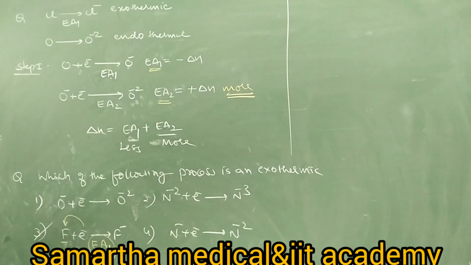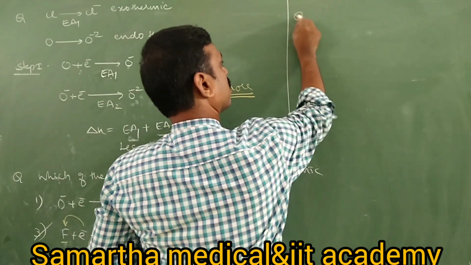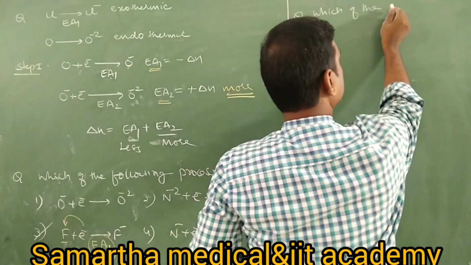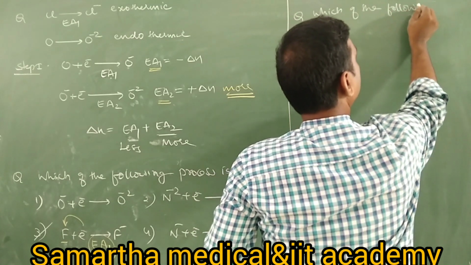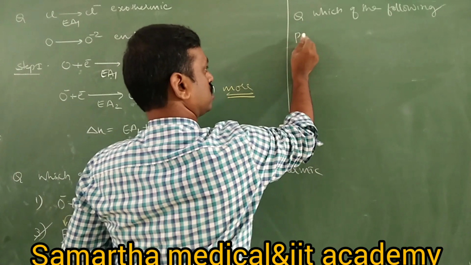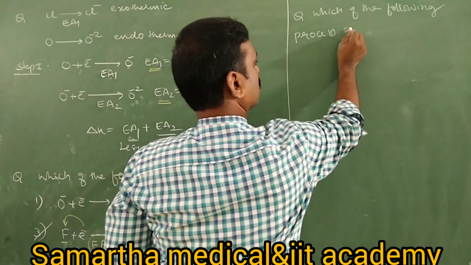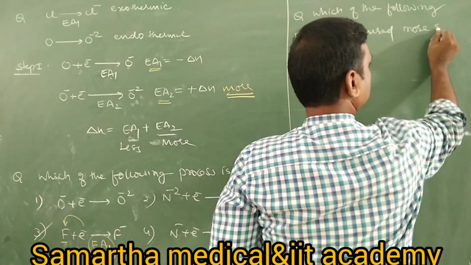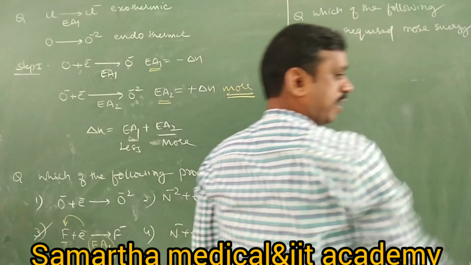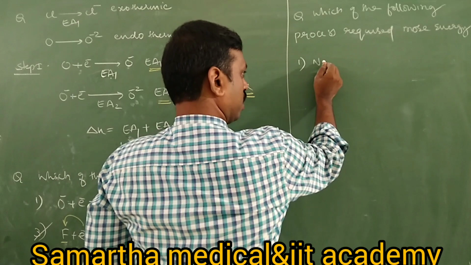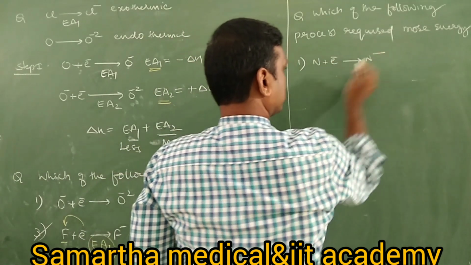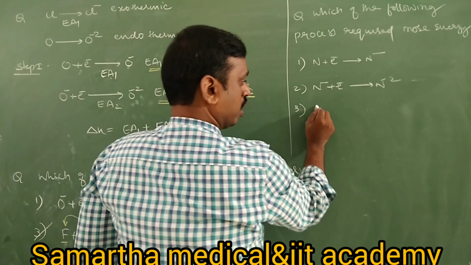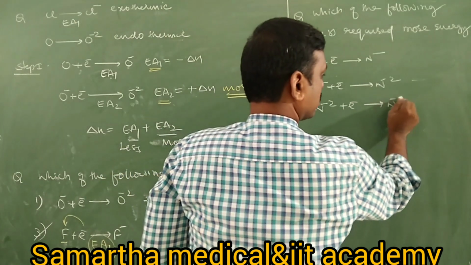This is one question. Next, another question is, where is the energy required more? Which of the following processes requires more energy? Option 1: N plus electron gives N minus. 2: N minus plus electron gives N minus 2. 3: N minus 2 plus electron gives N minus 3.